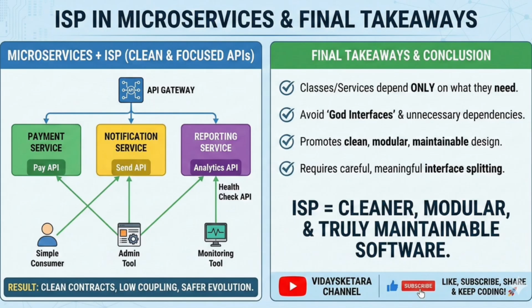However, we must also be careful. Creating too many unnecessary or poorly designed interfaces can increase complexity and confusion. If interfaces are badly split, projects may end up with fragmented responsibilities instead of clean design.